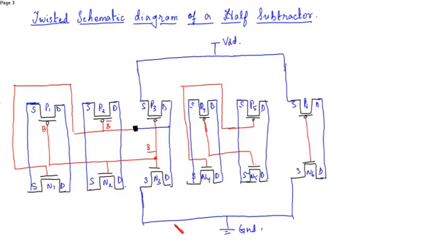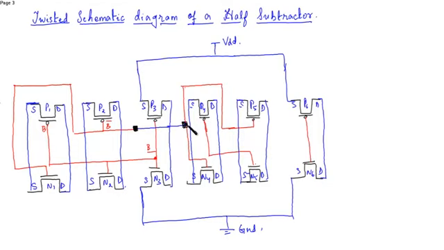Okay, this is fine. So now for this also, this is connected with B and this is connected with B bar. So from here directly you can connect with B bar. So there will be a poly contact.